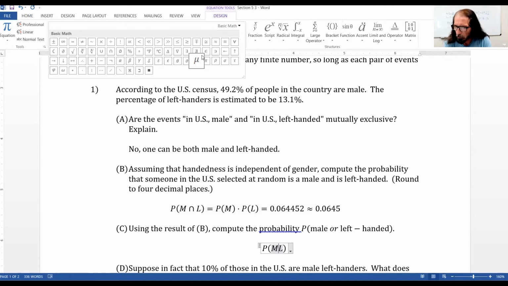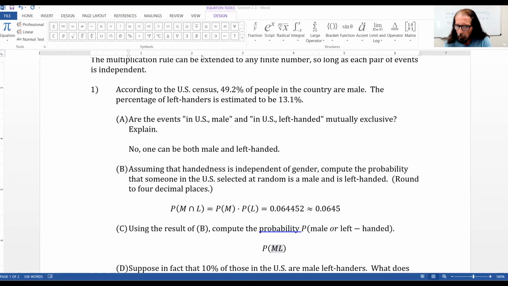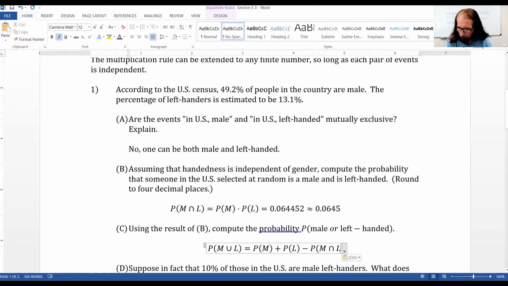Okay, good. Union symbol. Right there. Okay, one way of finding this would be to add the 2 individual probabilities and then subtract the probability of the intersection of both occurring, which we just calculated.